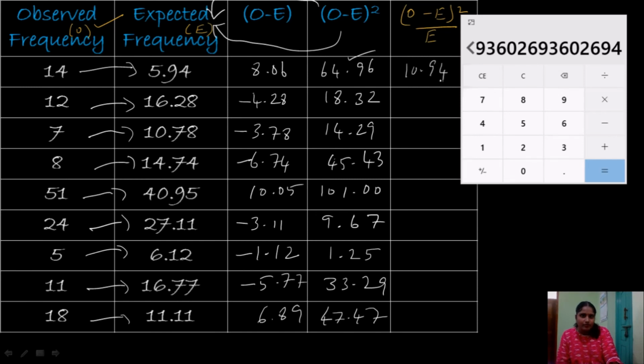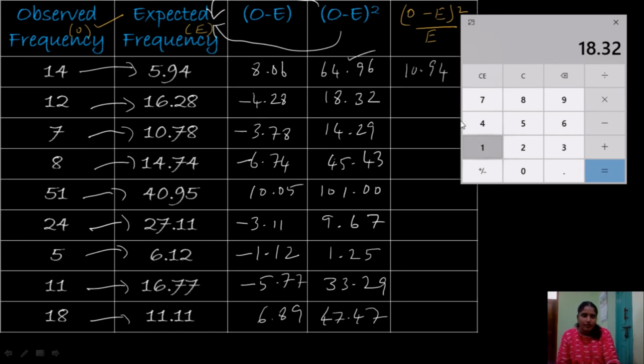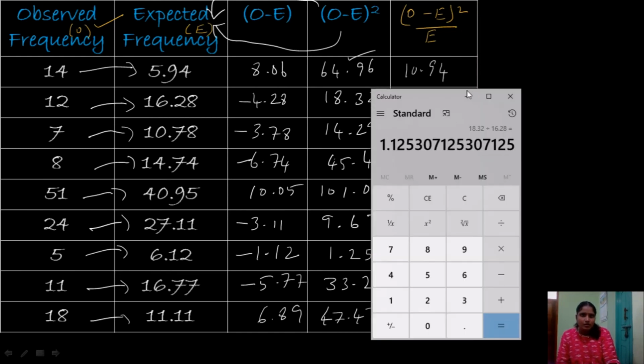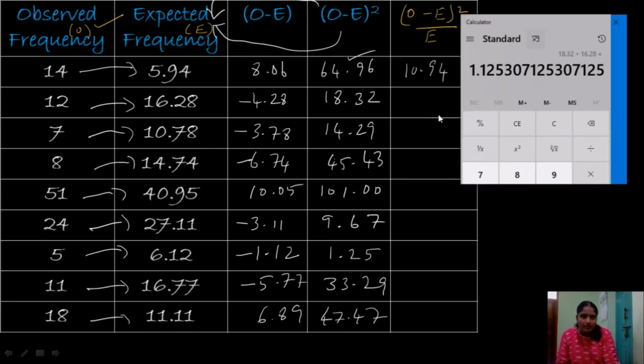And then next I have to take the ratio of 18.32 by the corresponding expected frequency 16.28. We get 1.125 etc. Here itself I have to take up to 2 decimal places, so 1.13.